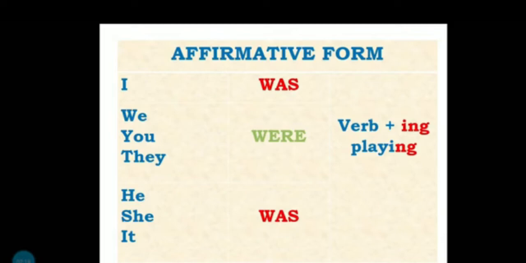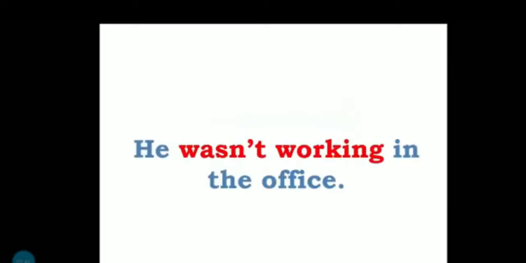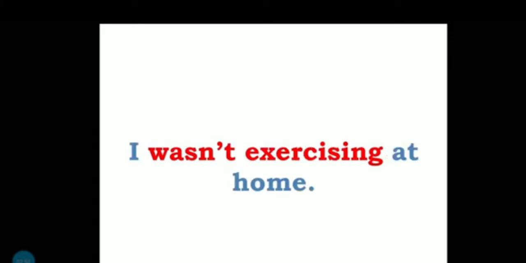He or she or it plus was plus verb plus ing. For example, he was playing. She was playing. So we use was with I, he, she, it. Were with we, you, they. Negative. He wasn't working in the office. She wasn't cooking. I wasn't exercising at home.